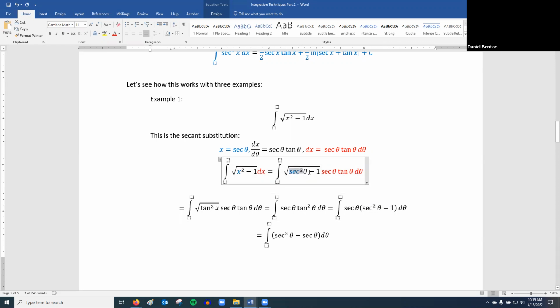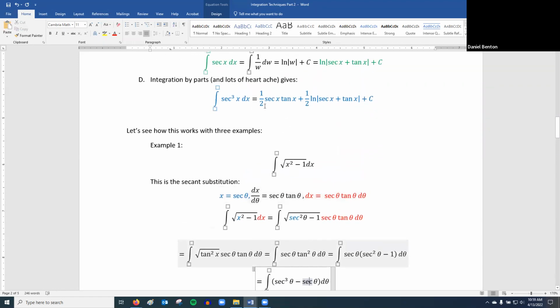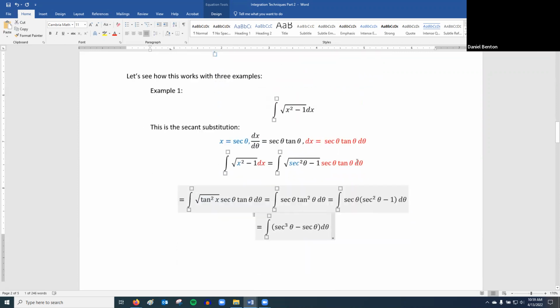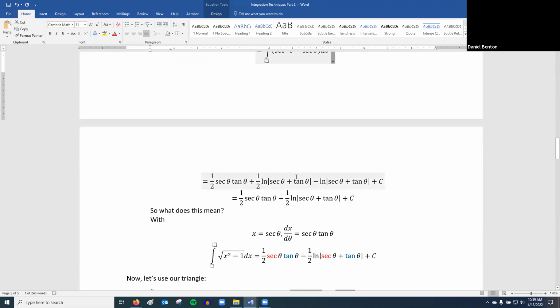So we went from secant squared minus 1 to tangent squared to get rid of the square root. Then we go from tangent squared back to secant squared minus 1 to get secant cubed minus secant. Secant cubed, this thing right here. Secant, this thing right here. So we take our antiderivatives, simplify it, and we get this expression right here.